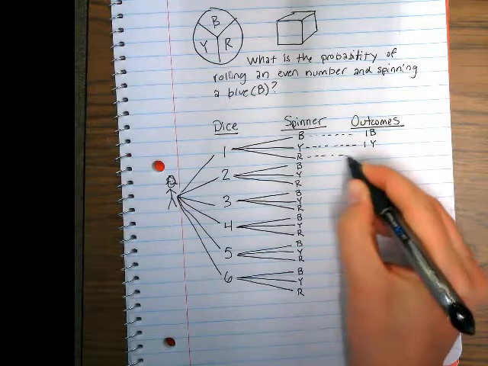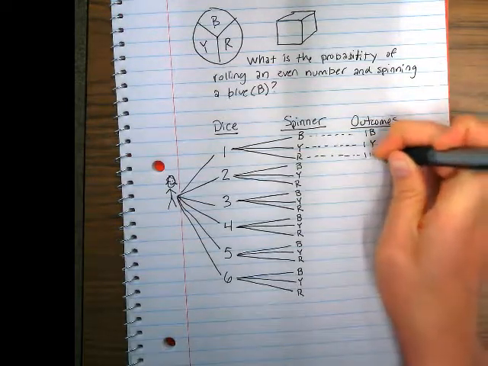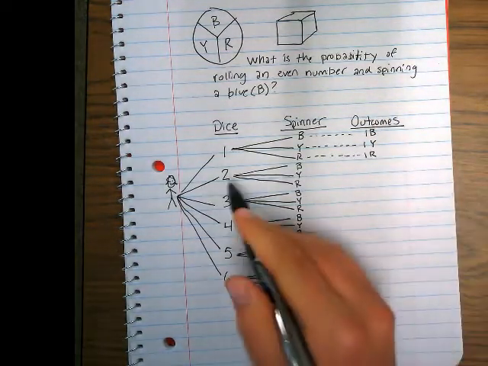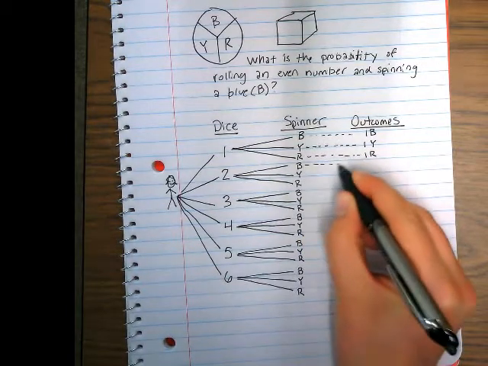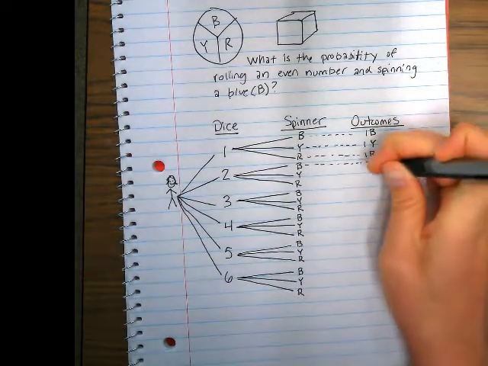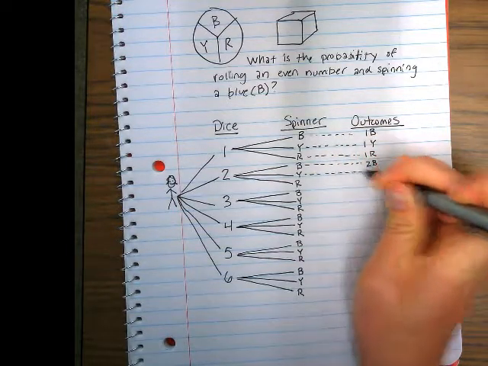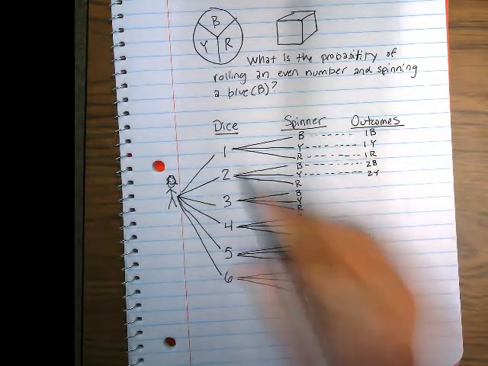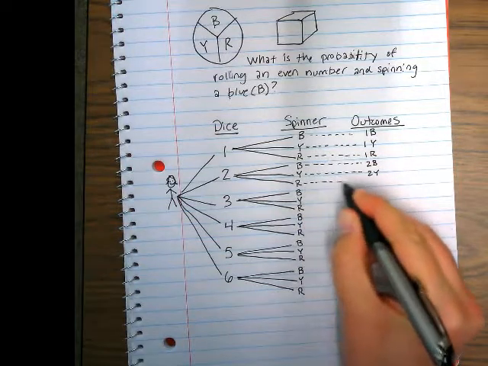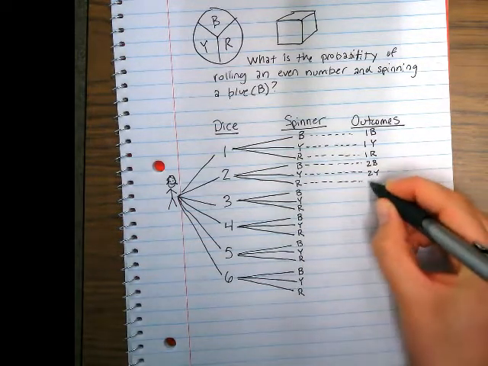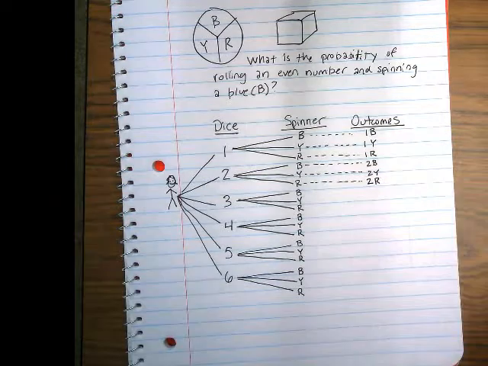Or I could have gotten a 1 and then a red. Here I could have gotten a 2 and a blue. Could have gotten a 2 and a yellow. Or I could have gotten a 2 and a red.